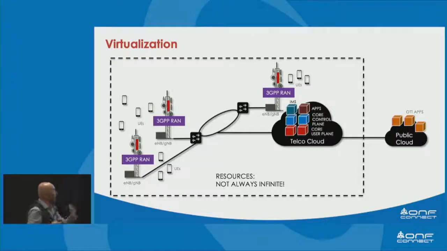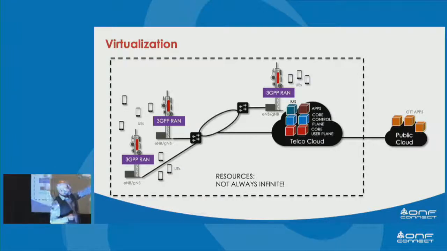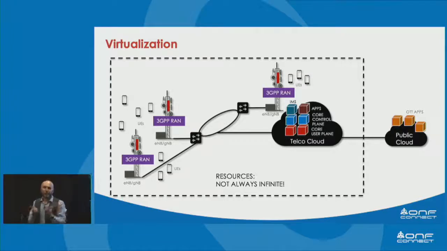Then if I virtualize on top of disaggregation, I end up with something like this, right? In these centralized locations, they are starting to look more and more like the data centers that cloud operators have. I have the core network user plane, core network control plane, and my applications, again in a horizontally disaggregated way.